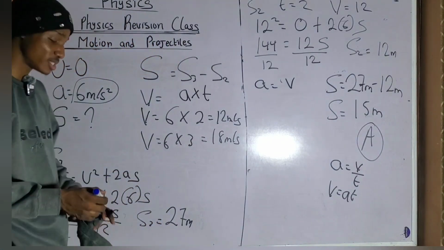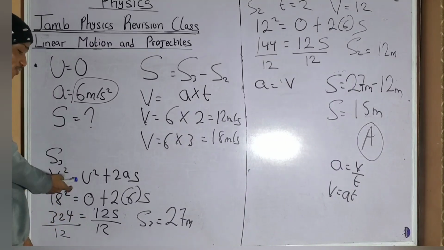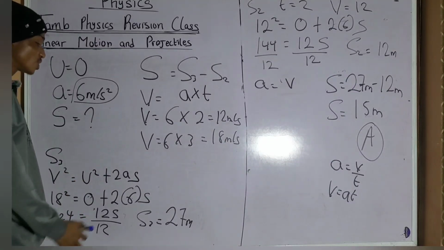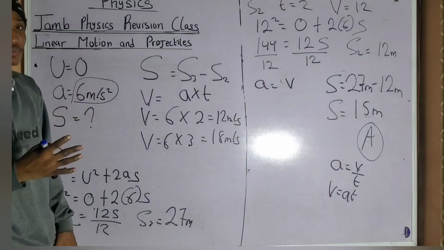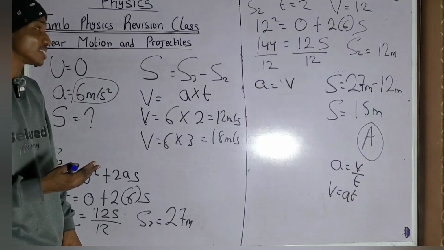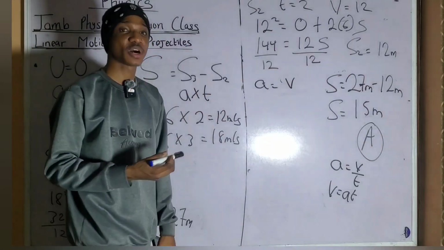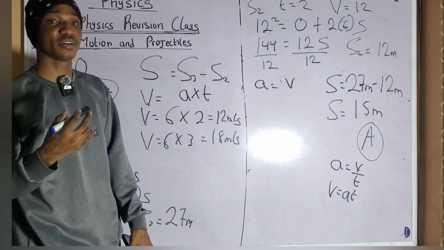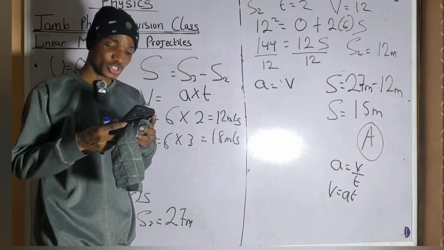Now, having gotten the velocity, I make use of the 3rd equation of motion, which is v squared equals u squared plus 2as, to get the value of the distance when the time is 3 and when the time is 2. Are you getting it? Having gotten the distances, I take the difference to get the distance that the car covered in the 3rd second. Okay, so that is the solution to that question.